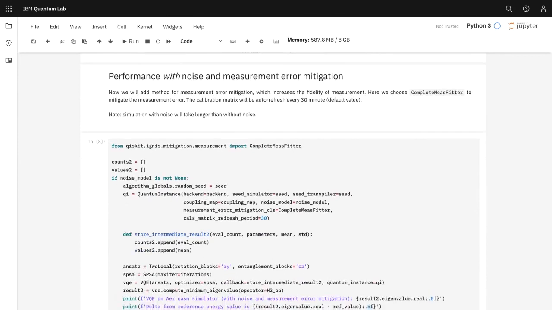For that, it uses this Ignis package that comes with Qiskit; this complete measurement fitter is what it uses to do the error mitigation.